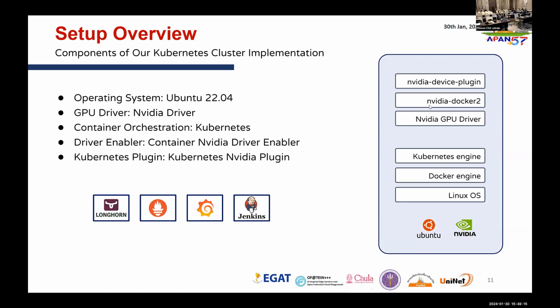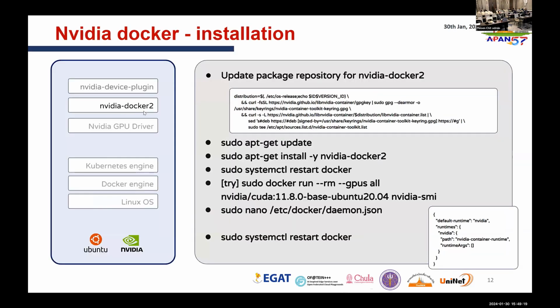Okay, I will start with the NVIDIA Docker tool. The package is not automatically included in Linux. Firstly, you have to update your package repository list by connecting directly to NVIDIA, and then you manually update, and at that time you will be able to install the NVIDIA Docker.